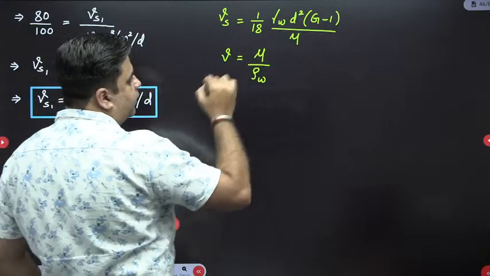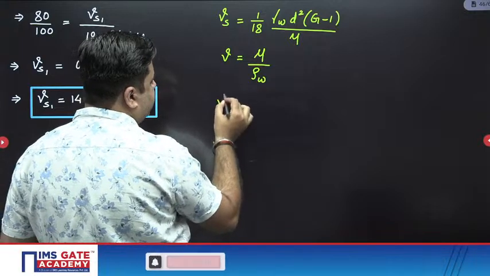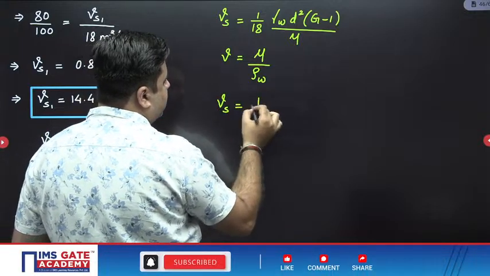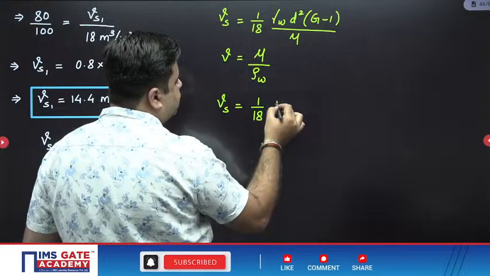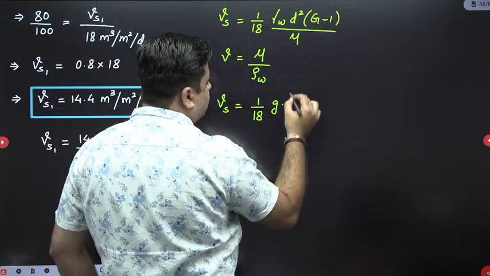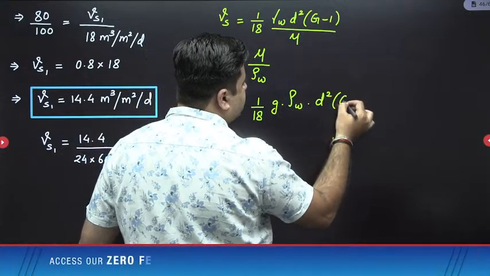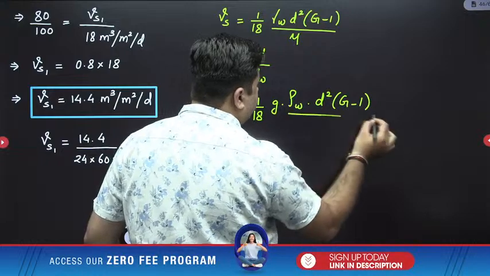Mu by rho W is nu. So you can write gamma W as G into rho W.